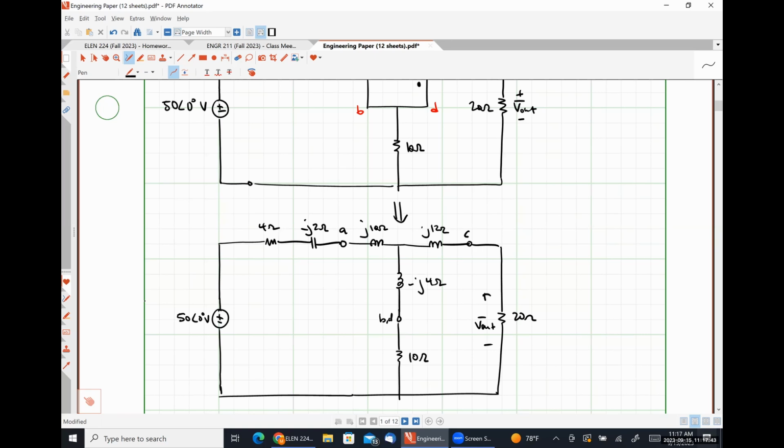So I would argue that if we treat this as a single equivalent impedance looking like 20, and this is a single equivalent impedance looking like 10, voltage in our circuit is at this node.